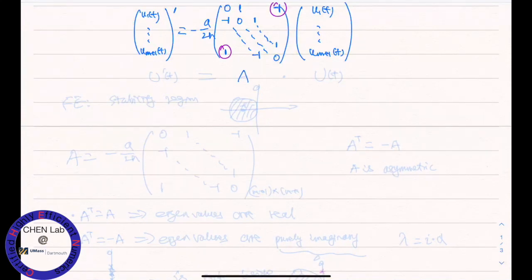So that is A, and if you denote this guy by capital U of T, right, it's a long vector, and then the left side becomes U prime of T equal to A times U of T, right? So that's the ODE of the topic for 361, and again, we can use all sorts of different things to solve.